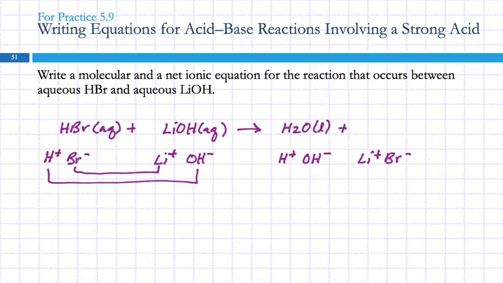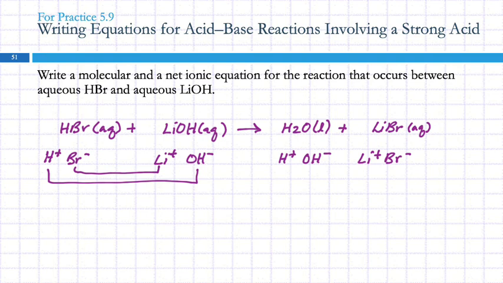And what compound would lithium and bromide ions make? What would be the formula? Just LiBr, right? Because this is a positive 1 charge and a negative 1 charge. Is that a soluble ionic compound? Yeah, all lithium compounds are soluble.